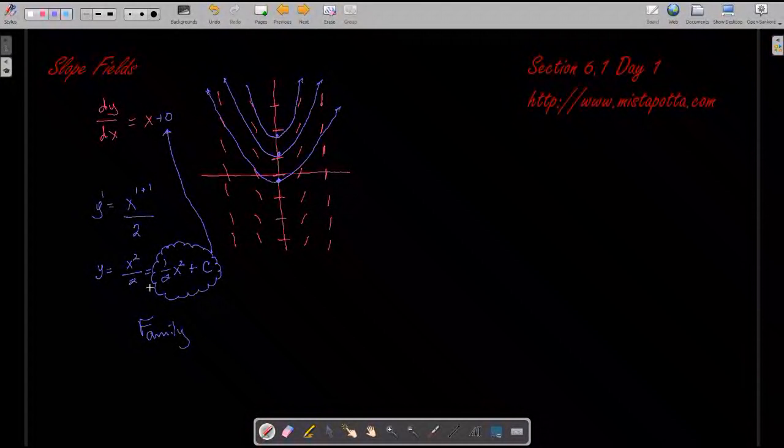And this function that we've come up with here, since I've taken the rules for finding a derivative and worked backwards, we're going to call these antiderivatives.